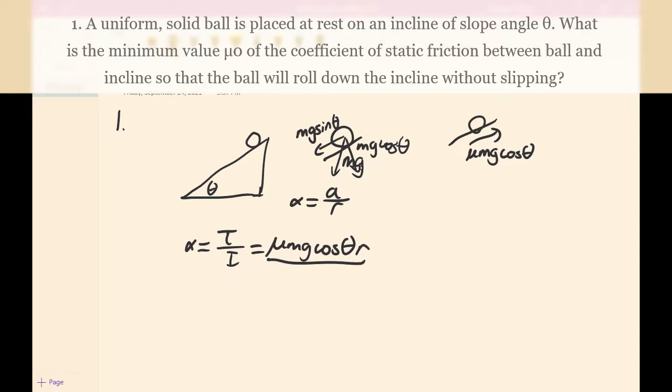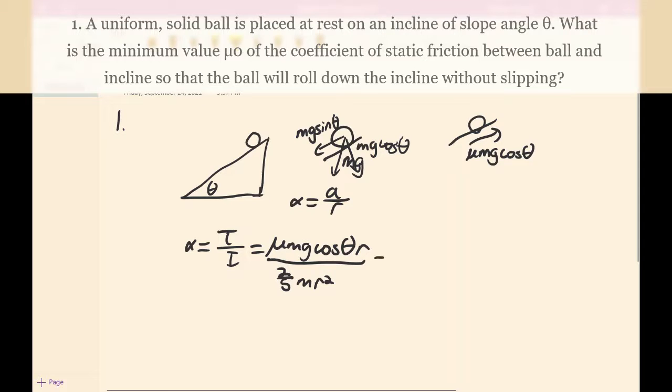And now the moment of inertia for a solid ball is 2/5 mr squared. If you're going to be doing physics competition and stuff, it would be best to have this memorized, and you should also know how to derive it.